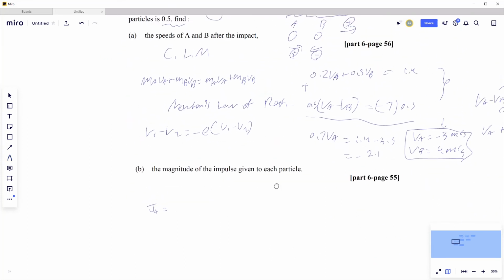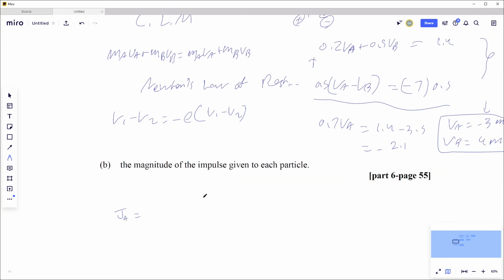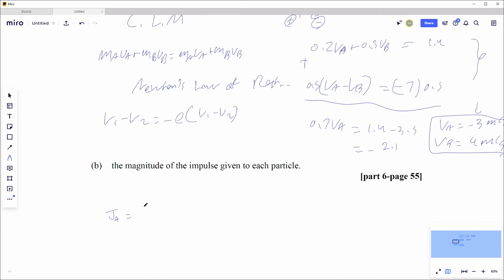So the impulse for A, as written here, is going to be the mass, which is 0.2 for A, into its final, minus 3, minus its initial, which is 12. So it's going to be 0.2 times minus 15. So it's going to be minus 7.5. No, this is not 0.5. So you have to do this times 15, 3.